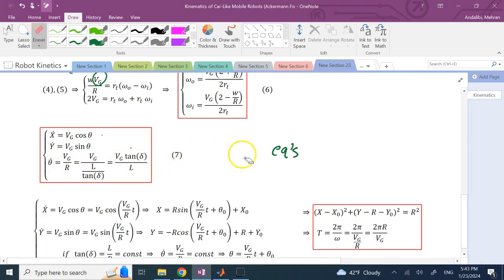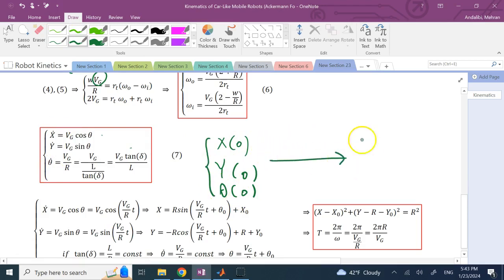So if I have some initial condition, which are like x at 0, y at 0, and theta at 0, and I have these dots, I should be able to calculate my x at any point, my y at any point, and my theta at any point. Okay? And what are the inputs to this system?